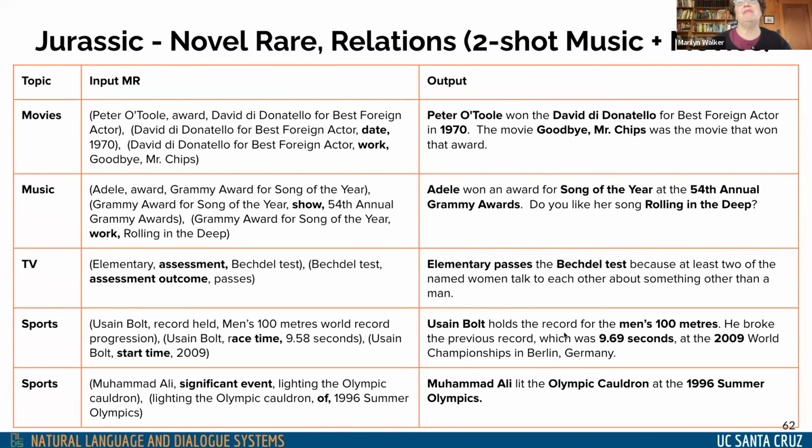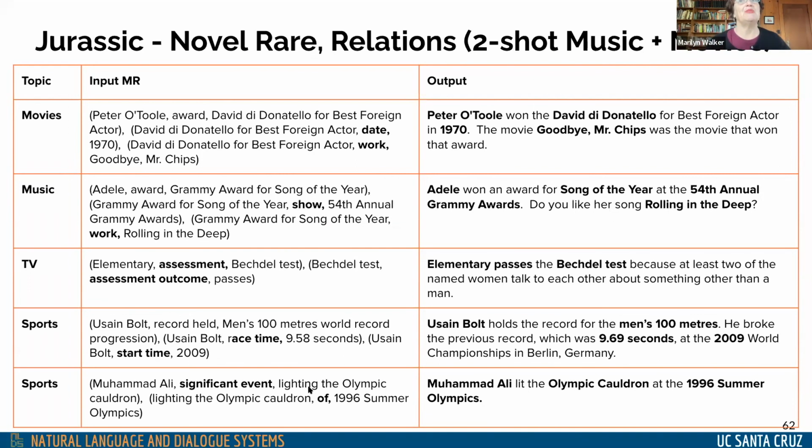Here with the Usain Bolt example, it's interesting, it knows a lot. Instead of saying what his race time was when he broke the record, it talks about what the previous record was before he broke that record. And then another one is a significant event. Lighting the Olympic cauldron is a very rare event.